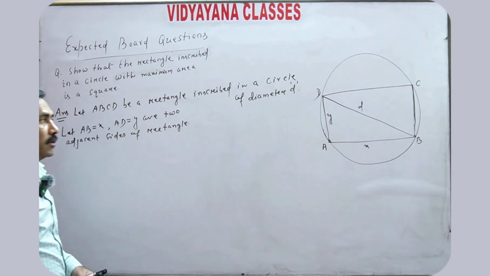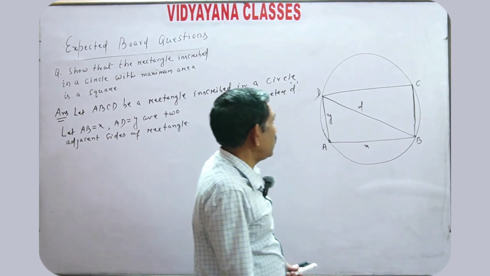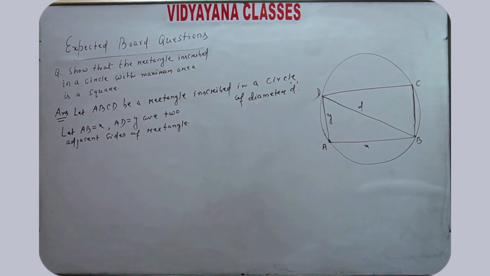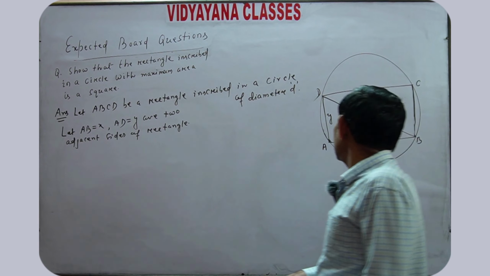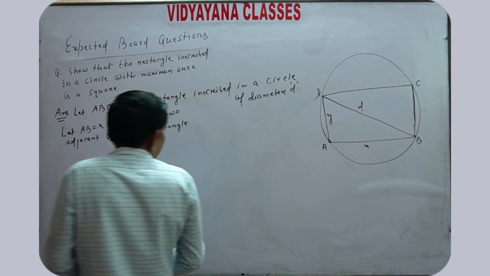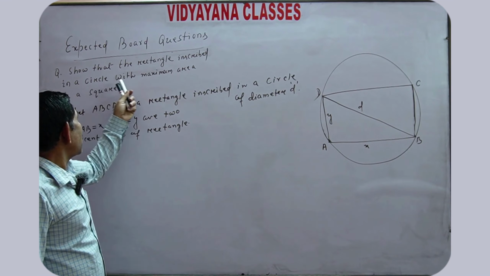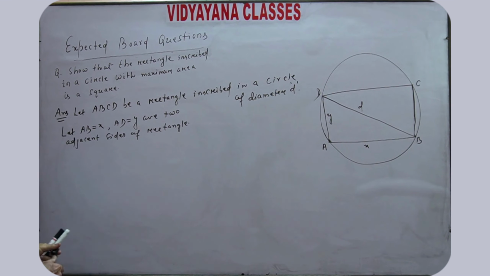Here ABCD is a rectangle which is inscribed in a circle of diameter D. AB is x and AD is y are two adjacent sides of the rectangle, so that the rectangle inscribed in a circle has maximum area.